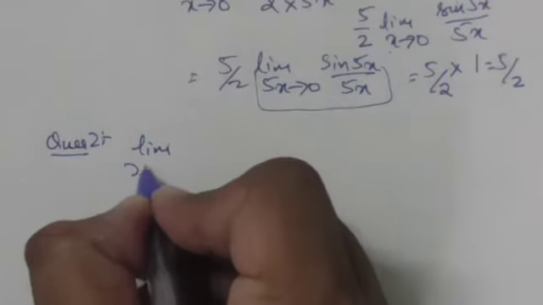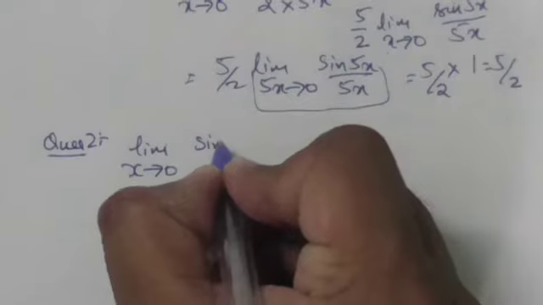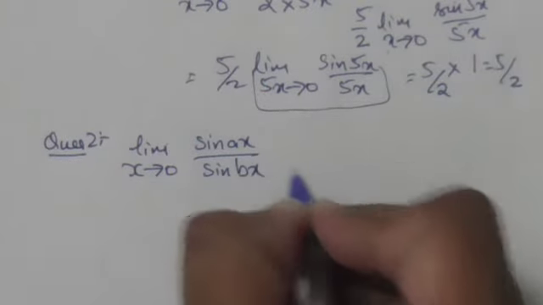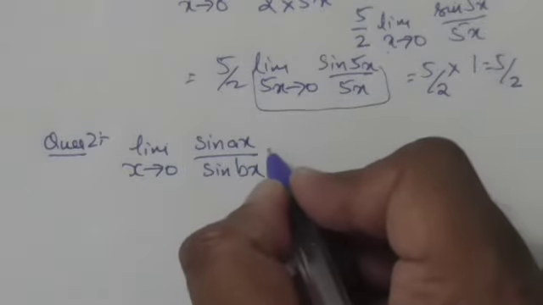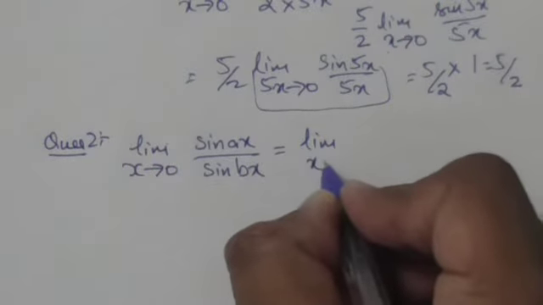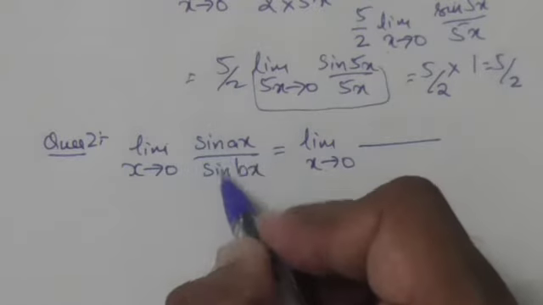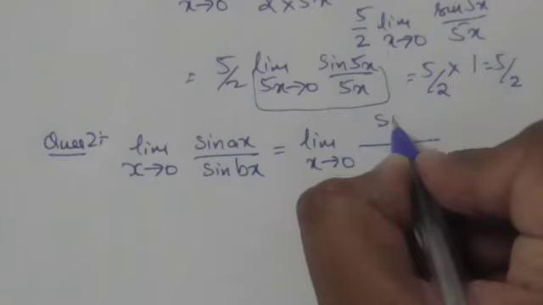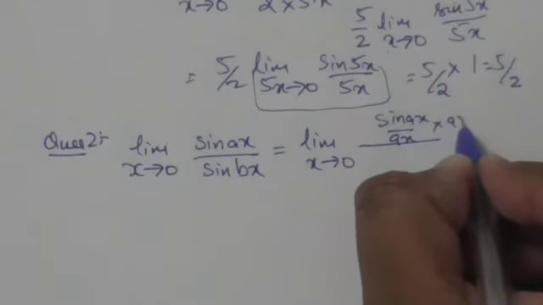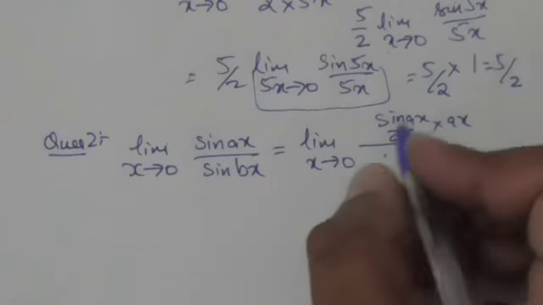Limit x tends to 0 sin ax upon sin bx. So we will multiply and divide numerator by ax. So we will have sin ax upon ax into ax. Similarly, we will multiply and divide denominator by bx.